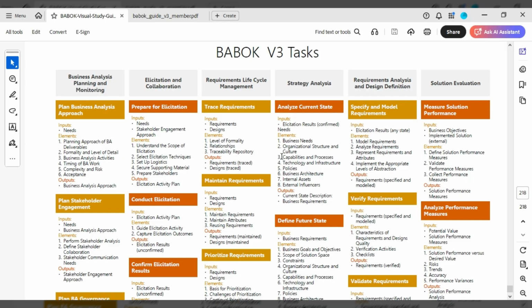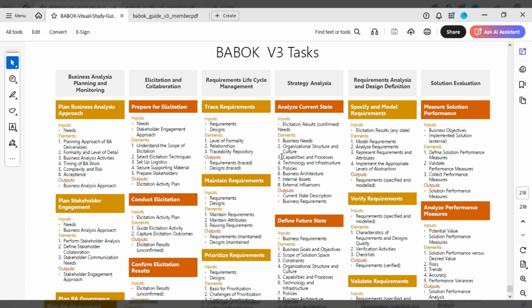We're going to look at analyze current state. Yes, this is one of my favorite parts when it comes to business analysis. Looking at what is obtainable, going into the field to have a demo, talk with the business and all whatnot. Okay, so the input here would be an elicitation result. You've elicited, all right. You've collected requirements and all whatnot. So you are looking at that elicitation result.